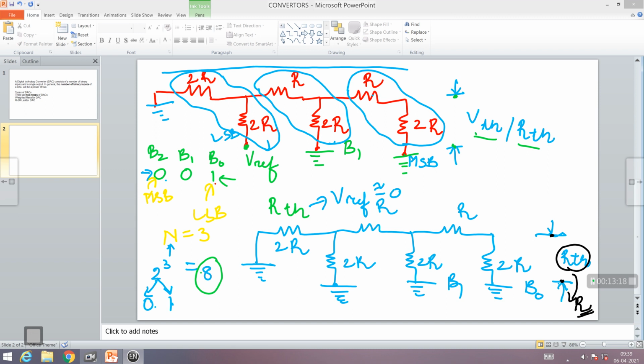So the basic concept is, if you use any 2R and R network like this, the effective resistance will always be R. So your RTH over here comes out to be R. You can try it again, the answer will definitely be R. So your RTH is already sorted, as I already explained. Next, let us go to VTH.